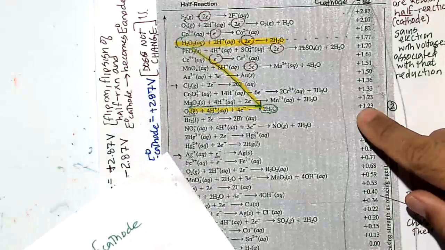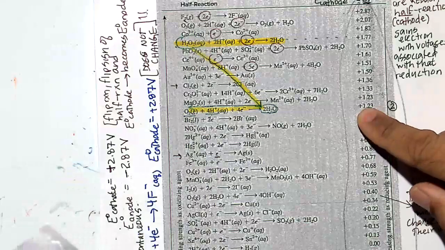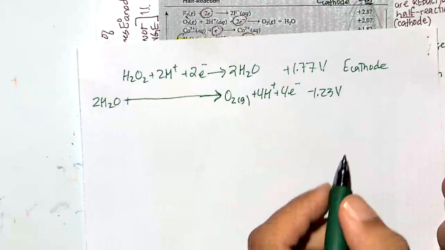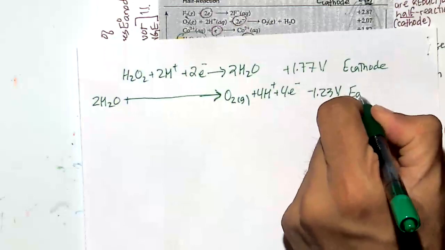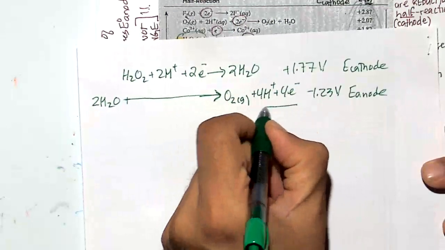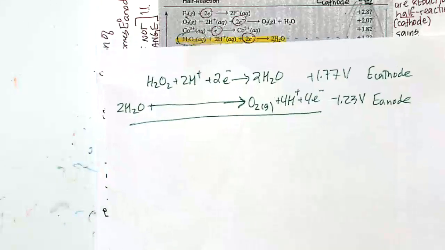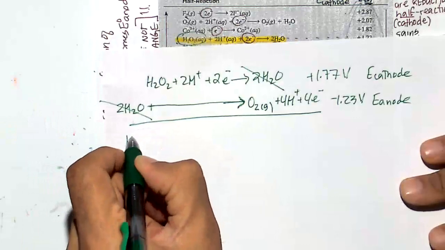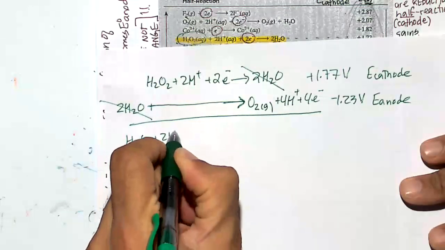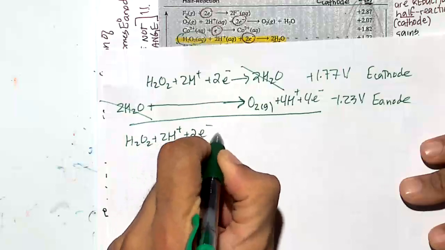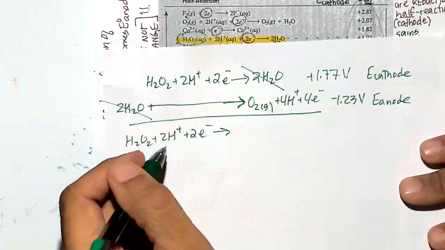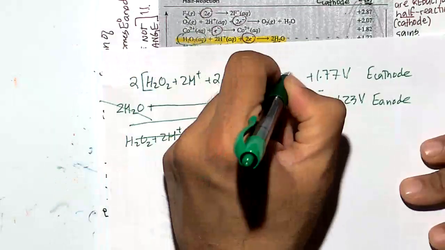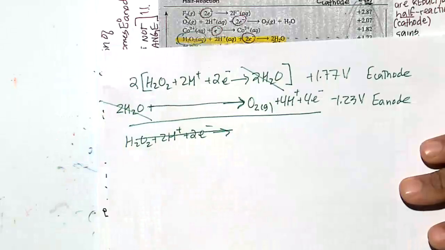Okay, what do we do when we flip a reaction? We flip the sign, so it's minus 1.23 volts. We flip the reaction, the cathode becomes the anode, besides flipping the sign. Let's add these two up. It just so happens the one I chose, these two waters will cancel. Before we do that, I'm going to cancel out these electrons by multiplying this by 2.